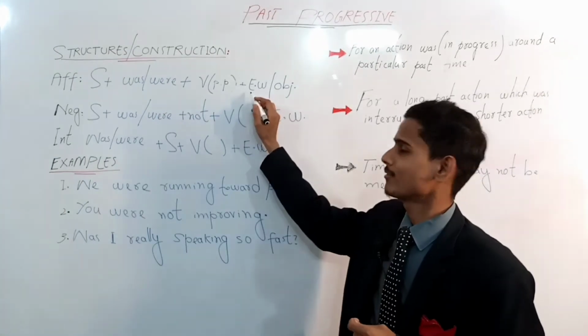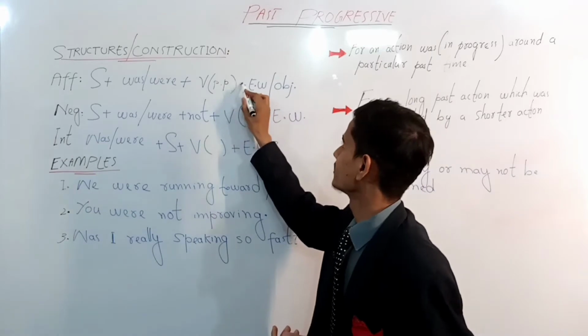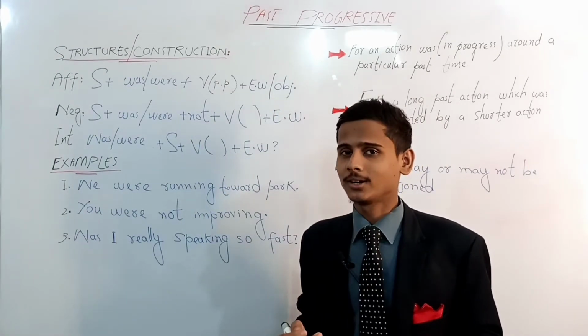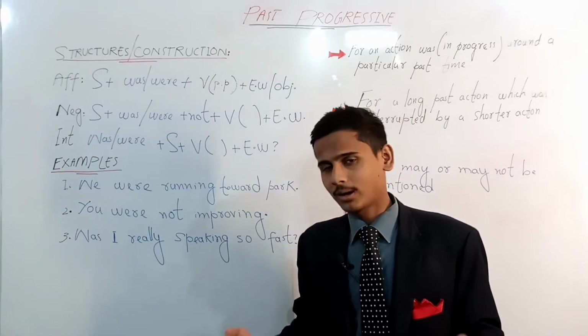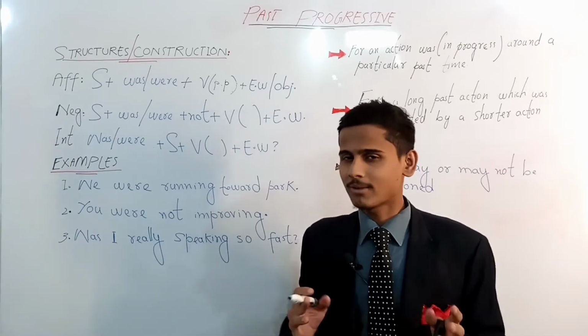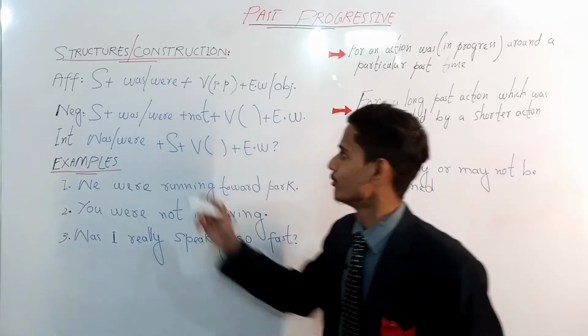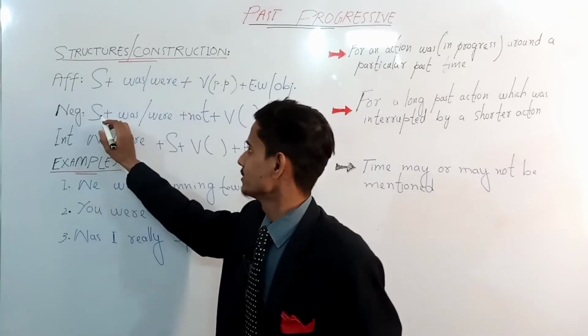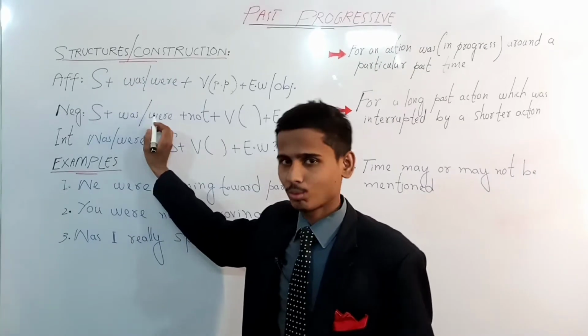Then we have to add an extra word or object, and both might slightly differ sometimes. Moving towards the negative one: subject plus was or were.